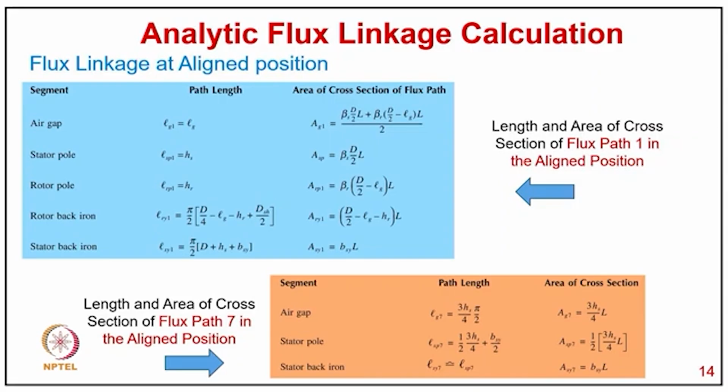Now because the total air gap is changing, we have similarly the length and area for the section of flux path 7 in the aligned position.